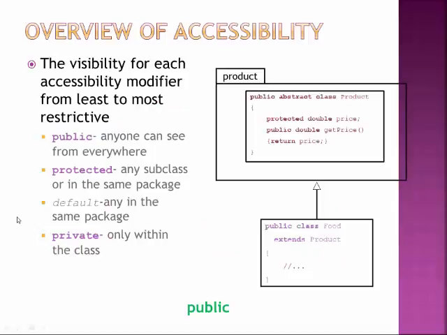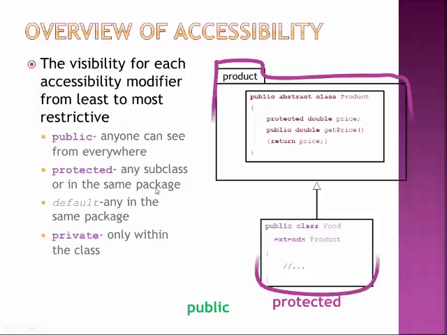So there are some rules around this. In general, protected, that we just learned about, means that I am going to share that variable with anything in my class, anything in my subclasses, or anything in the same package as me. So if I'm in the product class, and there's some other class in the product class, I can see it.